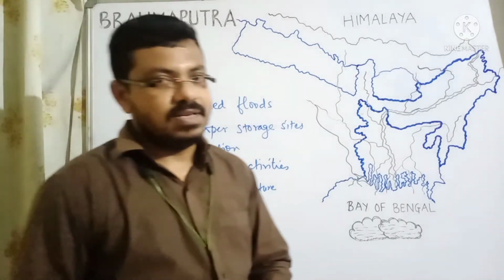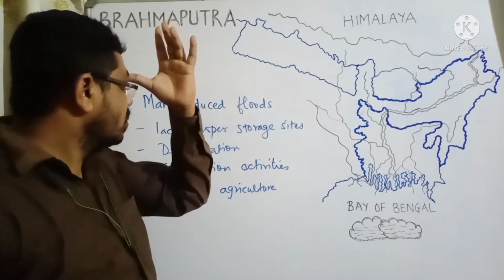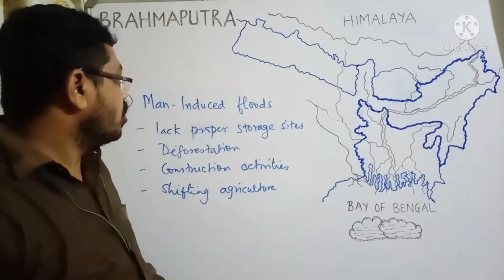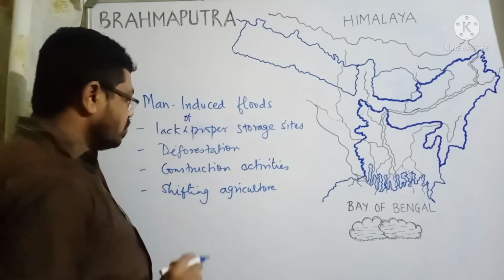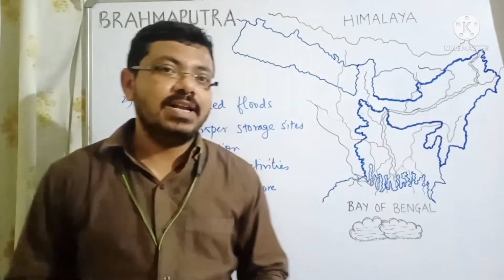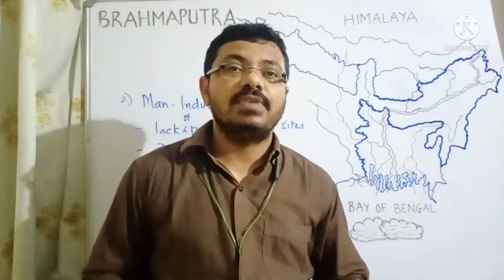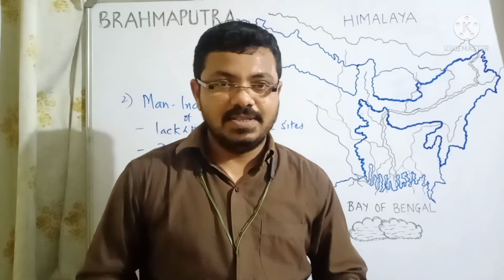Construction activities. Now we have already said that there is a lack of proper storage sites, right? Now, how do construction activities matter? These northeastern states are also getting a lot of construction, like highways, roadways and railway lines, right?